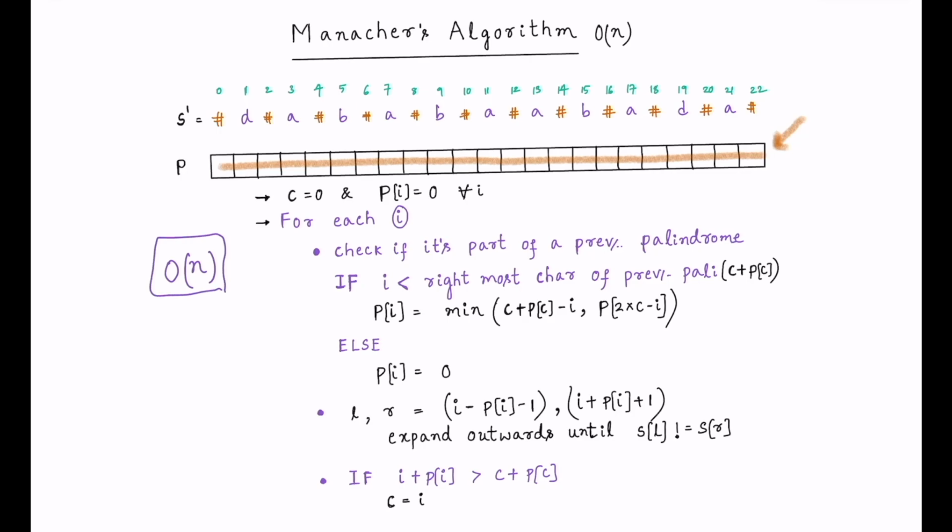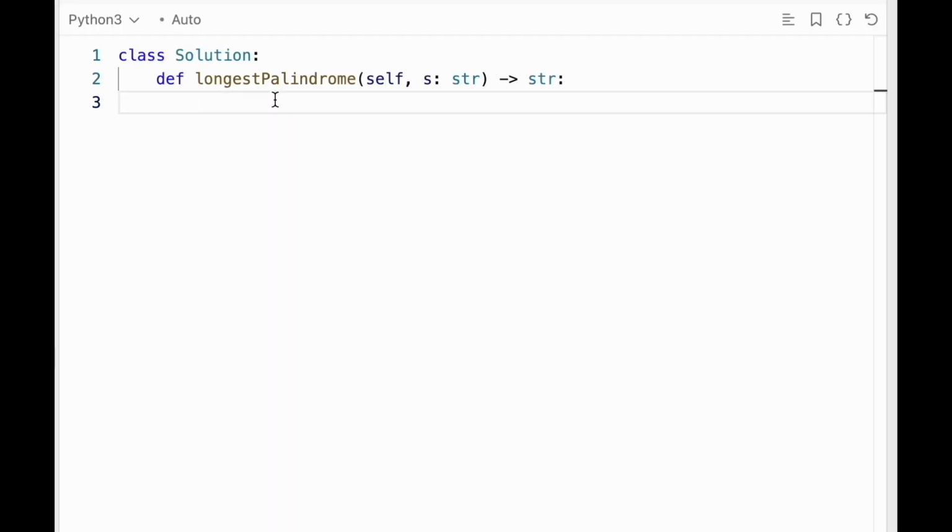So let's write the code for this algorithm. We start by adding the unique character hash to all the positions in between the characters in the given input string s. So s prime is equal to, let's join the given input s with unique character hash and add hash at the end as well as at the beginning.